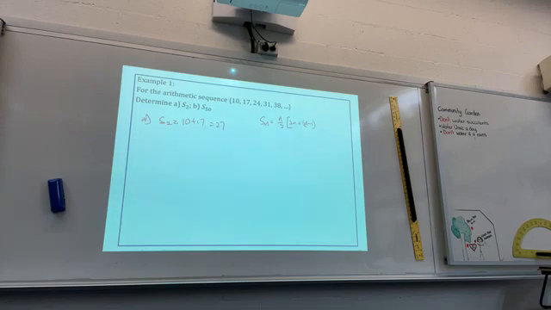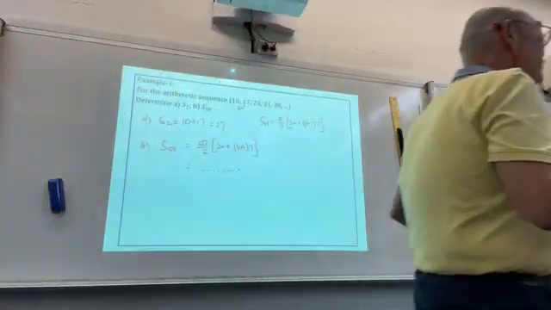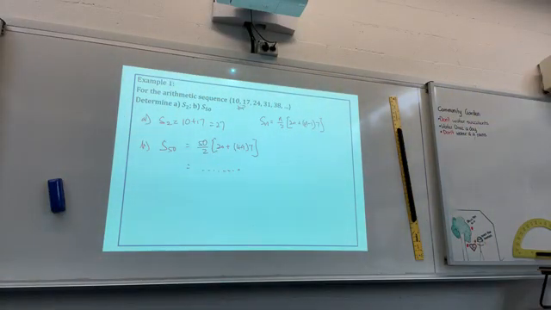The difference is 7. Correct? So S50 will be 50 divided by 2, times 20 plus 49 times 7, which I'll let you work out. Pretty straightforward. This is possibly the most basic example I can give you.